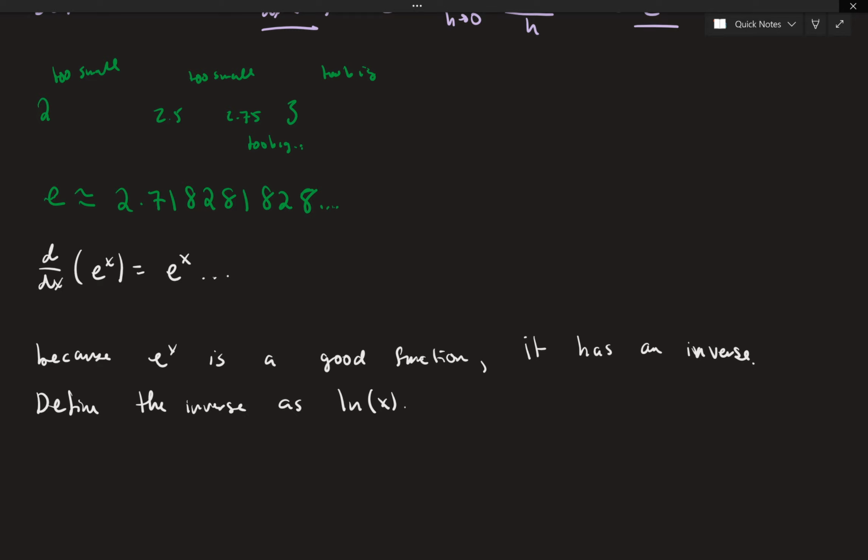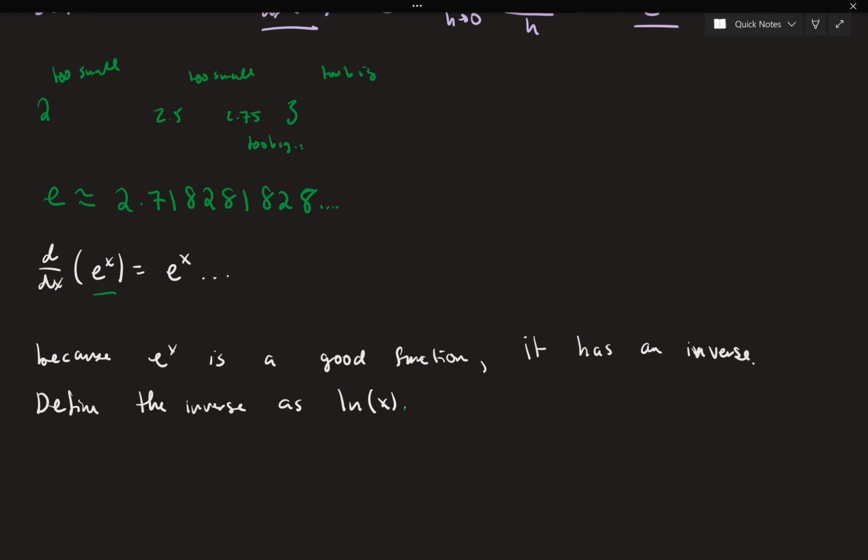Let me also be clear. There are other ways to define e and ln x, the number e and the function ln. They all involve calculus, but you can prove that they're actually the same. They end up giving you the same number. They're the same functions, etc. So this is not the only way to do it. There are other ways to do it, but they all involve calculus.